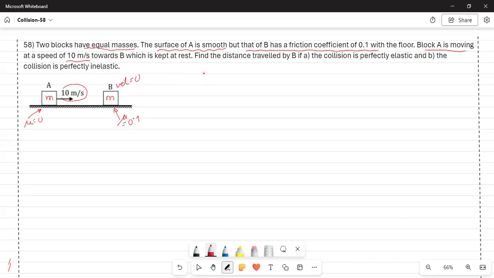Find the distance traveled by B. How far will B travel after the collision? Nothing else, you just have to find the distance traveled by B.